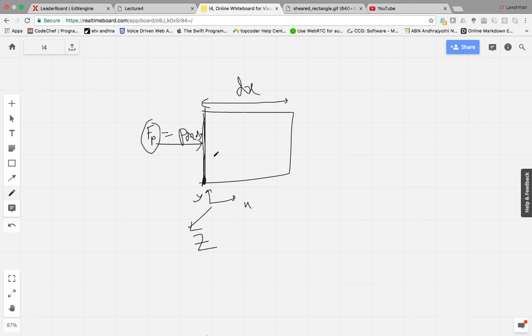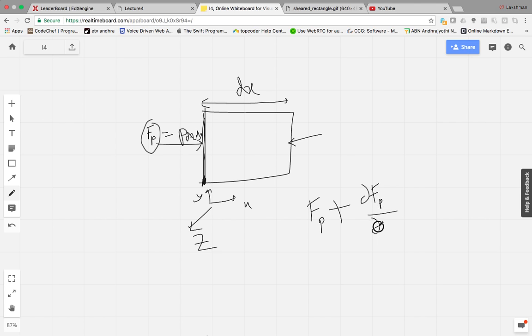So now from Taylor series expansion, this quantity Fp can be used to predict force at this particular location. Basically how? It's nothing but Fp here plus there is a change, there is a gradient. Assume the gradient of this particular force Fp is dF by dx.